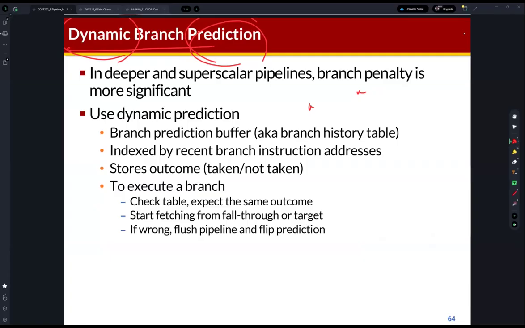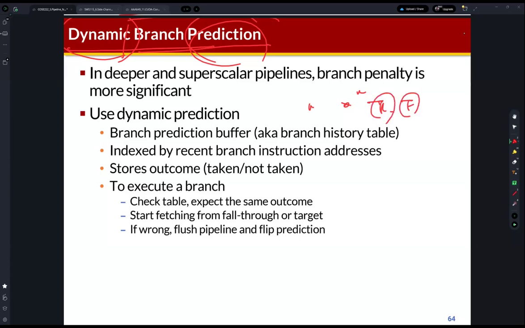The predictor just predicts the result of a branch instruction. So what is the result of a branch instruction? The result is true or false.